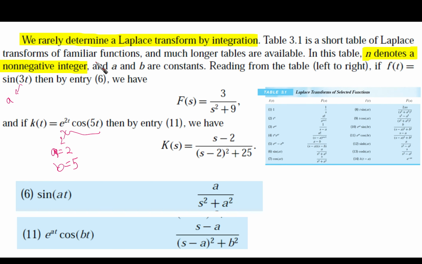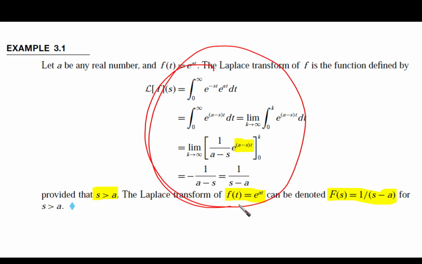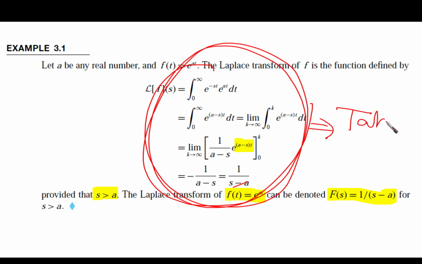Okay. We rarely determine a Laplace transform by integration. Actually, what we have done before, which is the integration and this stuff, we're not going to do anymore. No need to do integration. We are going to use a table that is going to help us.